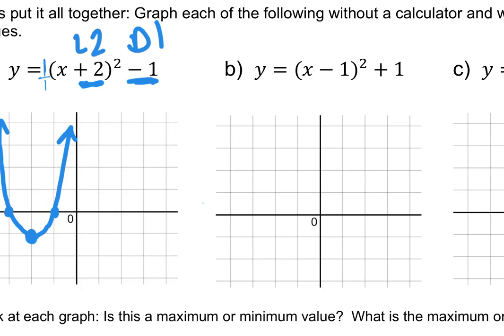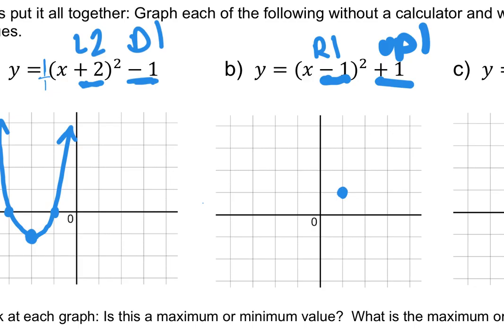Right, up 1. And then this minus 1 means what? Yes, right 1. So we're going to start at 0, 0, go up 1 to the right 1, and there's our vertex.